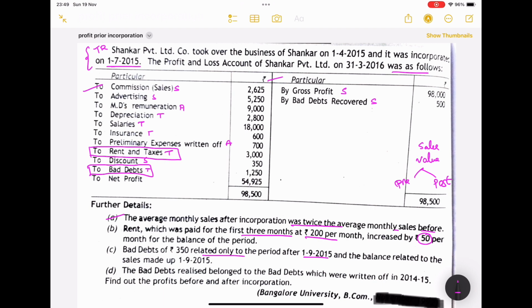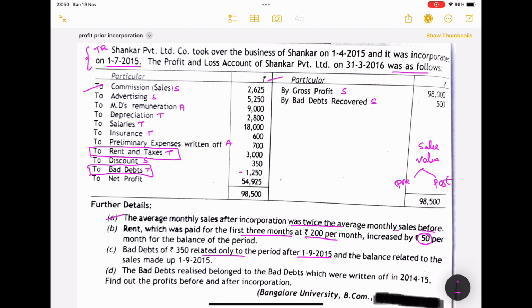I think this is 1/7. There is a mistake in the question. I'll just read it again. Wait. Yes, bad debts of 350 related only to the period after 1/9/2015. No mistakes. Here, what they have given is that total bad debts is 1250.